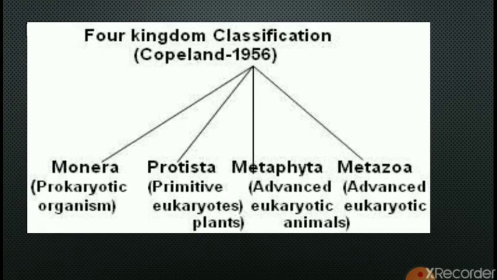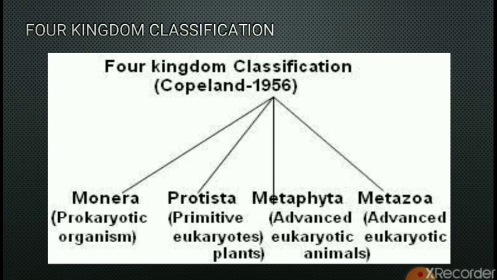But after the discovery of prokaryotic and eukaryotic organisms, it was felt that unicellular organisms must be classified separately on the basis of the presence or absence of a nucleus.